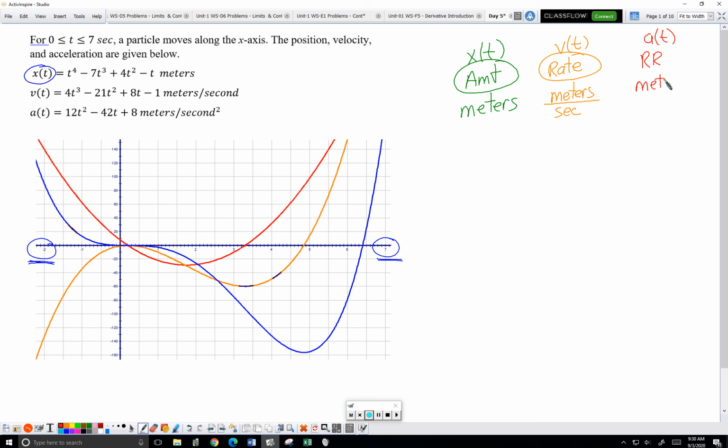And this would be meters per second every second, like that. You should see the pattern. The first column is simply meters. The second column is meters per second. This third column is meters per second per second. That's the evolution for every AP problem we'll work on that follows this similar pattern. Amount, rate, rate of the rate.